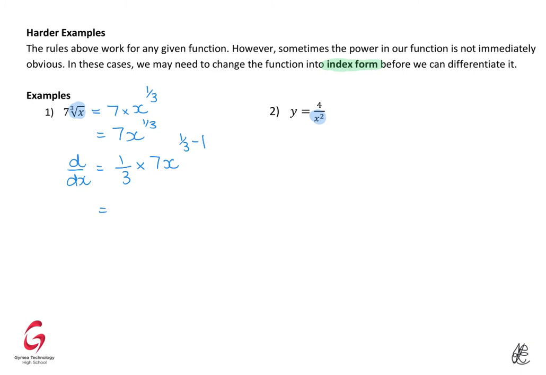So now I have 1/3 times 7 is 7/3 x, and 1/3 minus 1 is -2/3. So now I actually have a negative index, which means that I can simplify this even further by putting that x in the denominator.